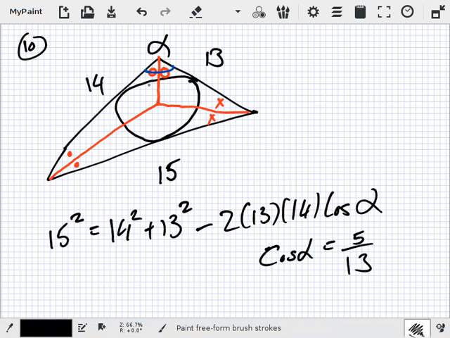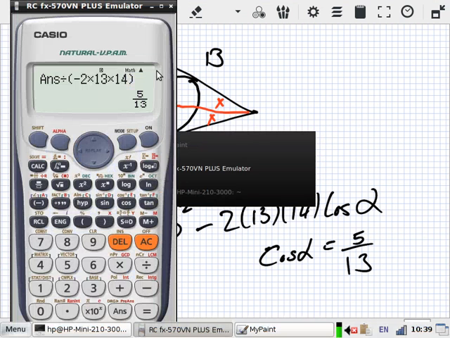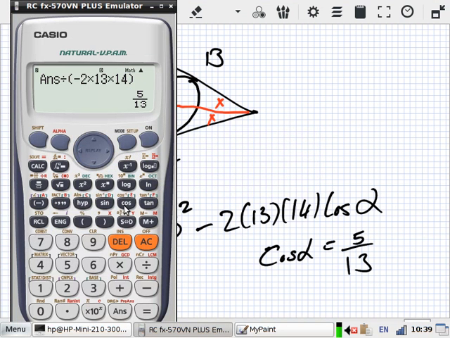I can work out this angle. But do I have enough info yet? I don't. I need more info. Let's get all the angles. Shift cos inverse my answer.